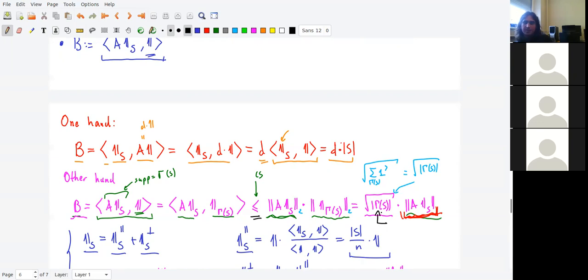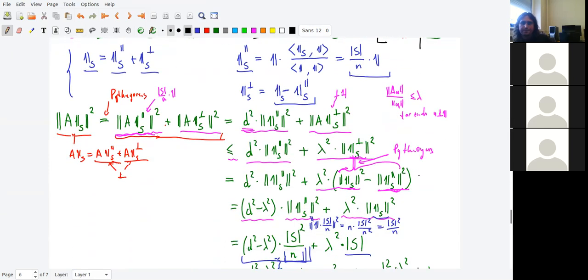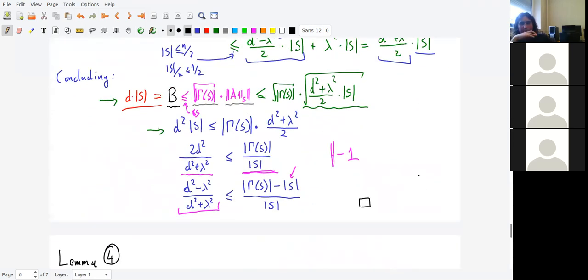The remaining term, this norm here, can be understood in spectral terms using the assumption about the absolute spectral gap. So this is what conceptually happened here. Good. Any questions about this proof? Otherwise, please put a +1 if you're happy with the proof.